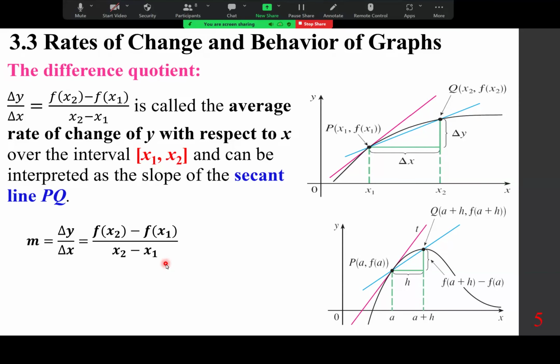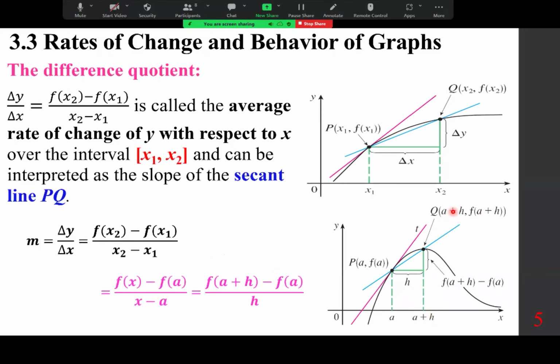If you call this x, then f of x becomes f of x minus f of a over x minus a. And if you call this a and this distance h, this now is a plus h. This becomes a plus h, and this becomes f of a plus h. So f of a plus h minus f of a over a plus h minus a, which gives us h.